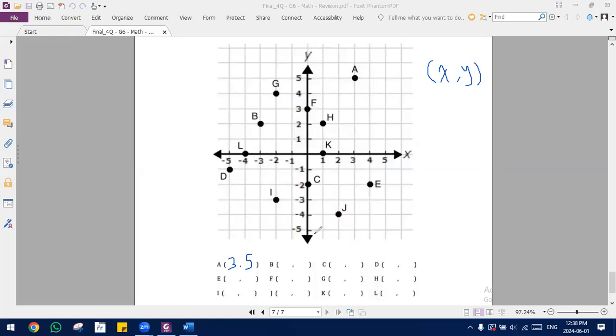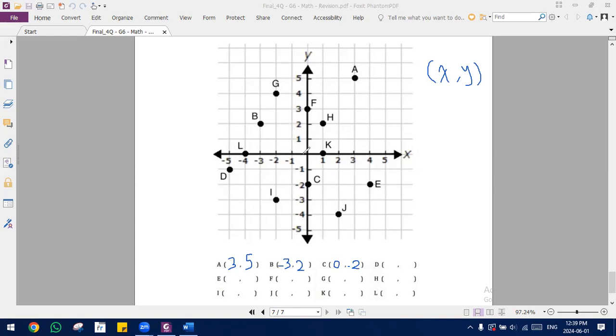It's minus 3. And then the y value is 2. The point C is on the y-axis. So the x value is not on the right, not on the left. The x value is 0. The y value is minus 2 because it's down.